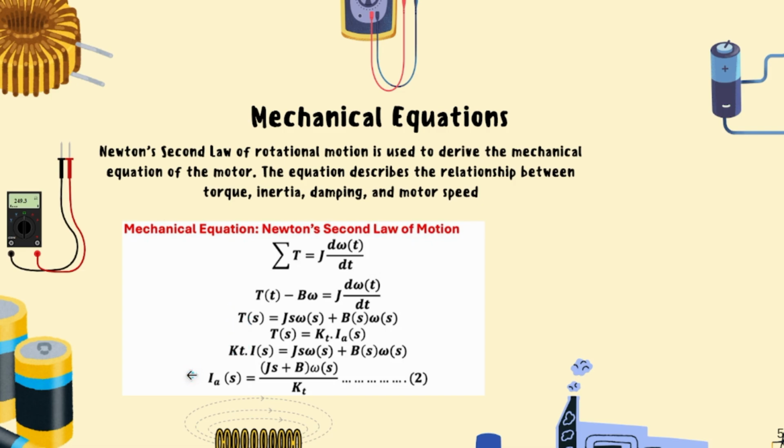And finally, we rearrange the equation to express the armature current in terms of motor speed. This equation will later be substituted into the electrical equation to derive the final transfer function. So let's move to the next slide to substitute all the equations together.